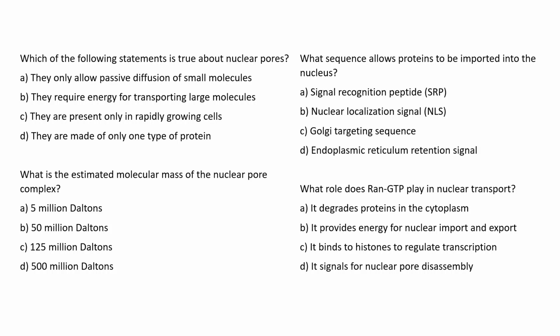So as it's active transport, right, it provides energy for nuclear import and export. So it's option B, right? So based on whether RAN is bound to GTP or GDP. So GTP with the help of GEFs and GDP with the help of GAPs, which are enriched in the cytoplasm versus the nucleus. You can have a differential ability of RAN to bind to GTP, and that is what provides energy for nuclear import and export.